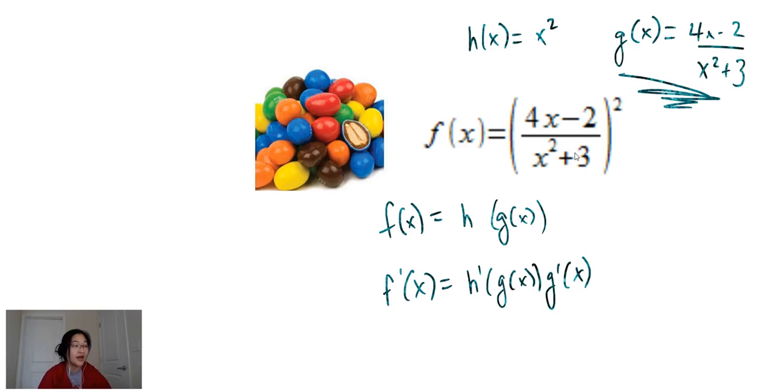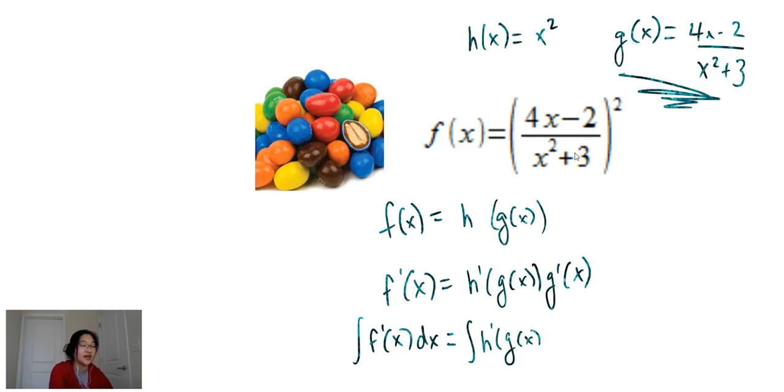Now, if we were looking at our antiderivative of f prime of x, then we need that, right? H prime of g of x times g prime of x dx. Okay, so going from here, we can get back to our original f of x.